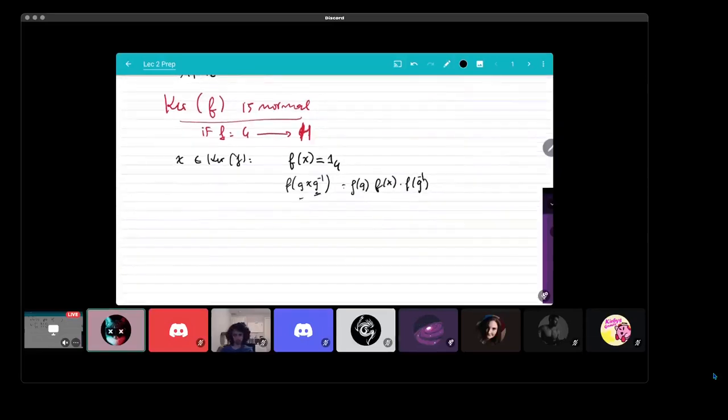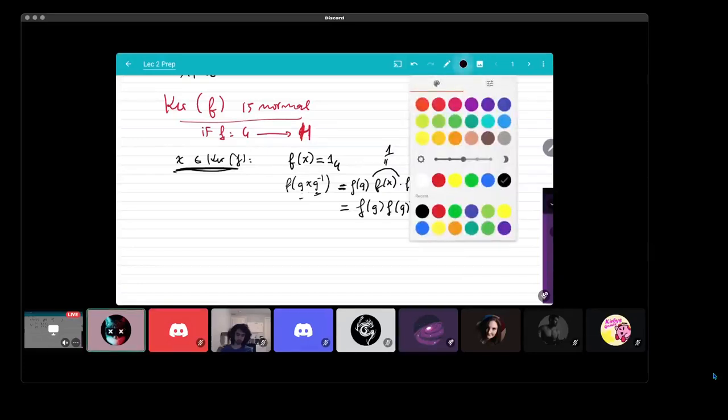So the normality check is to check if g x g minus 1 is in the kernel, and this follows from the group homomorphism property. This is equal to 1 because we suppose that x is in the kernel.